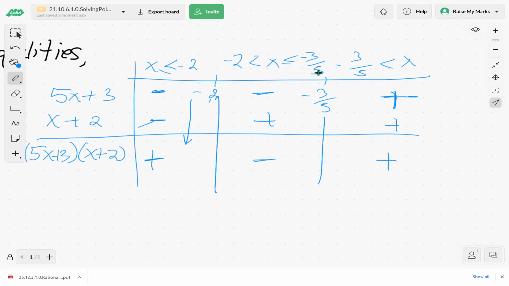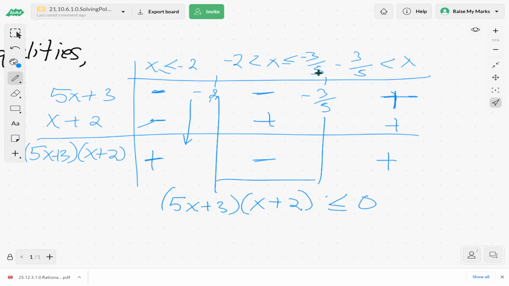Good. So now our original problem was when 5x plus 3 times x plus 2 was less than or equal to 0. So when does that occur? That occurs on this middle interval right here.